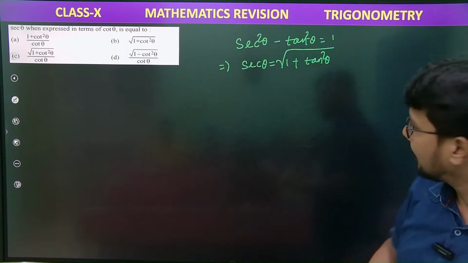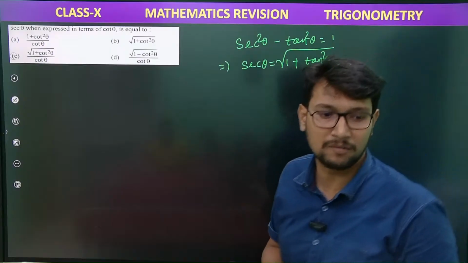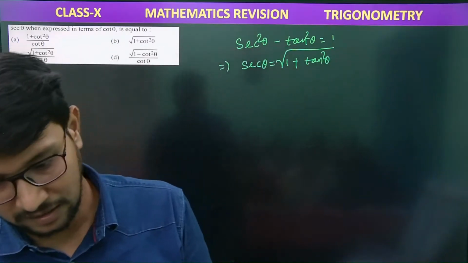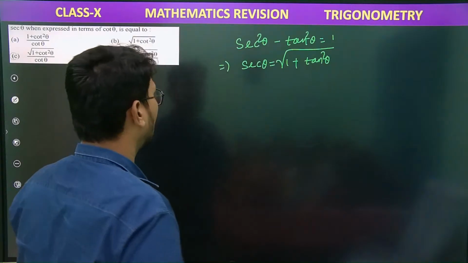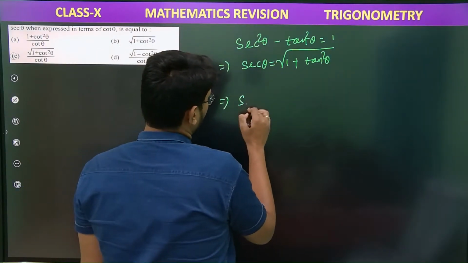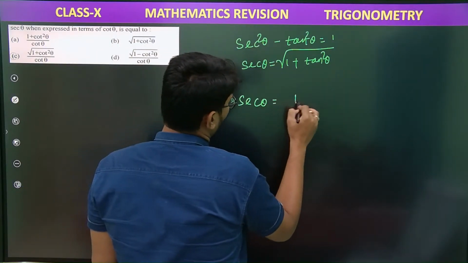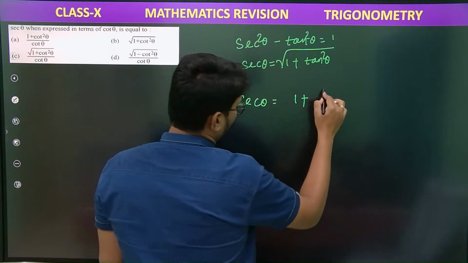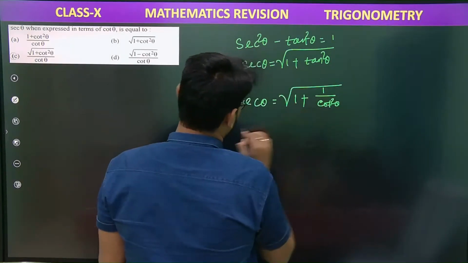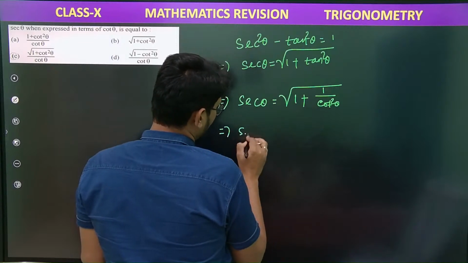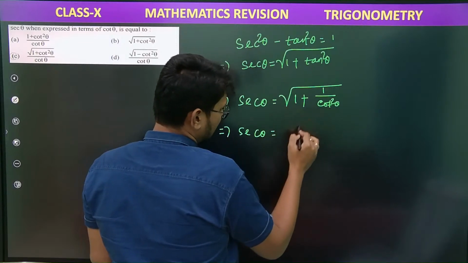Right, everyone? Now you know how to convert tan into cot. Put tan in terms of cot. What shall we write? Sec theta equals the square root of 1 plus 1 by cot square theta. If you simplify, take the LCM cot square theta.